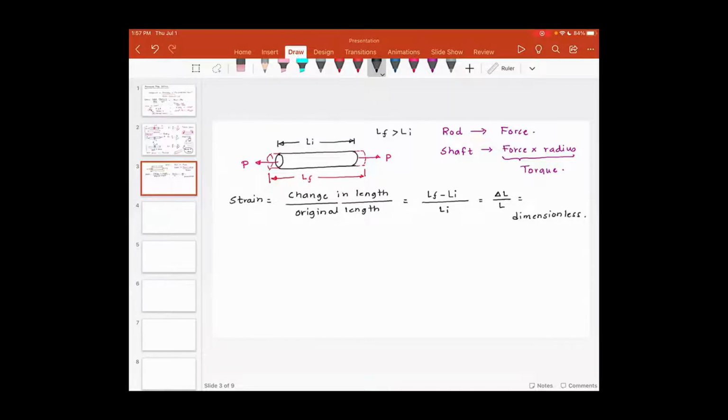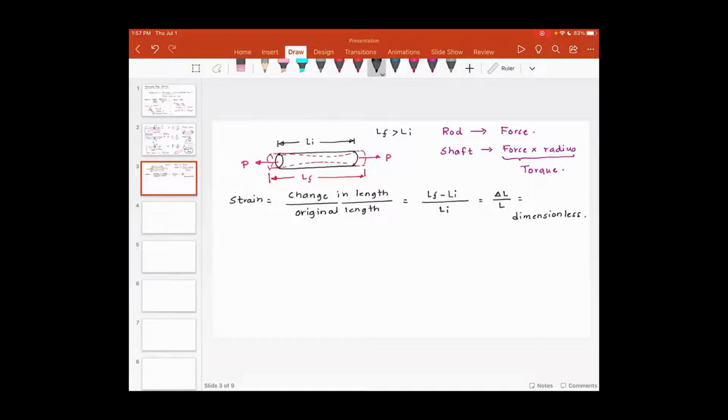Now, one thing that you will probably observe is that the material density does not change. So the volume basically, here you see as the material got elongated, the area would decrease. So something like this would happen.